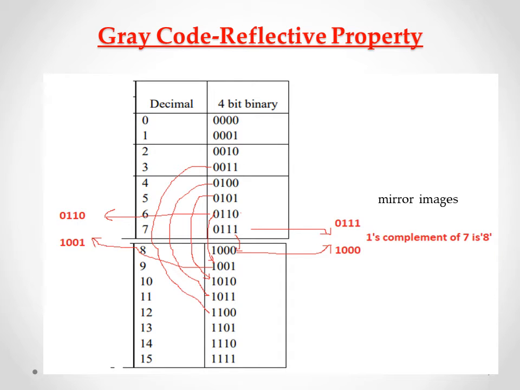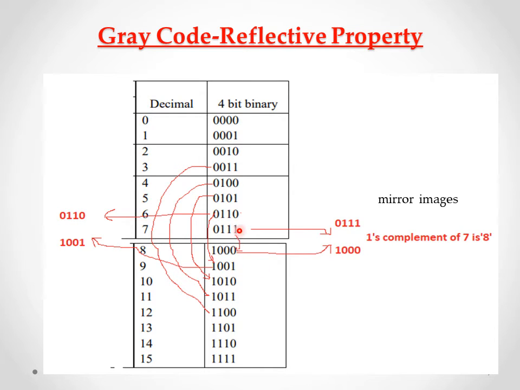Gray code reflective property. Let's see how it works. It's a 4-bit combination, so we are making 16 combinations. Now we start from this point. For the binary 7, which is 0111, we take the 1's complement of 7. The 1's complement of 7 is 1000, that is 8.